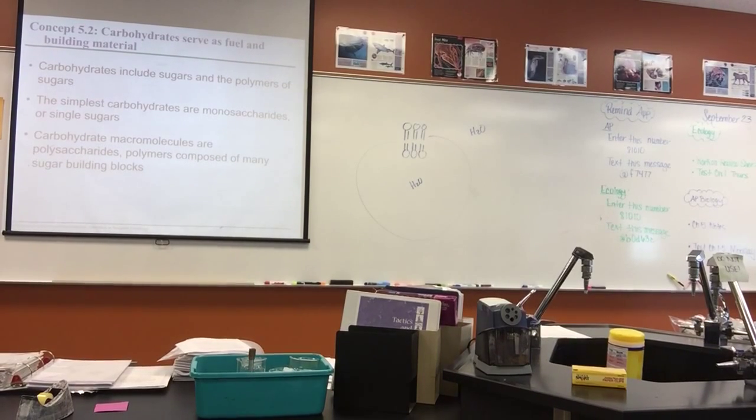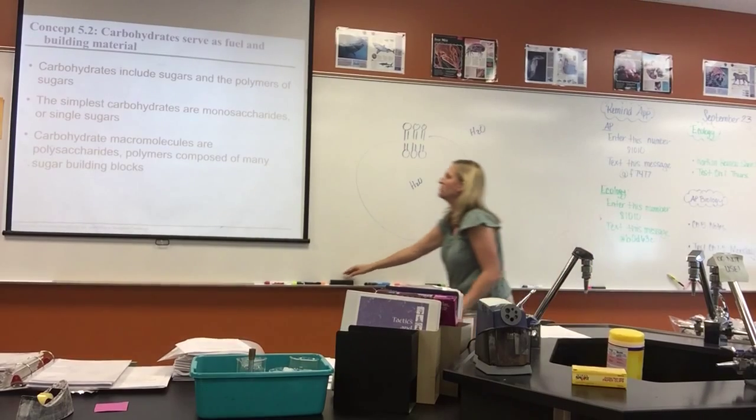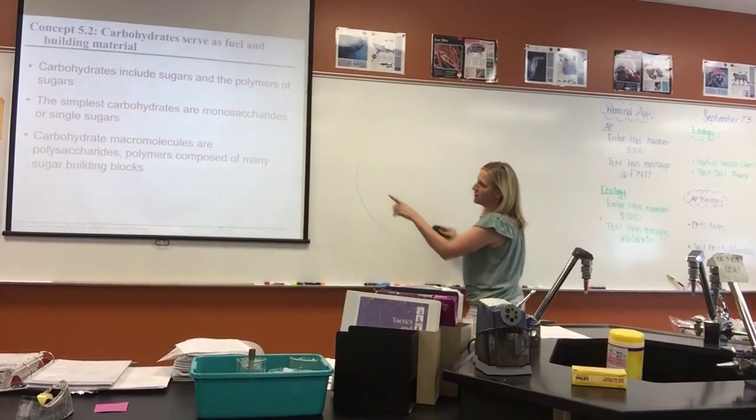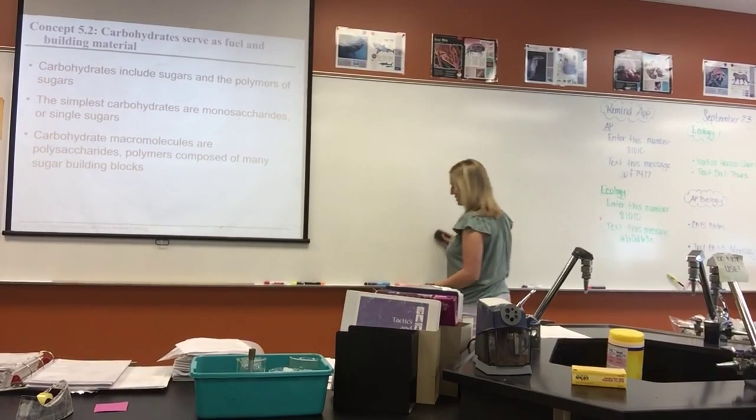Remember, polymer means a long chain. The simplest carbohydrates are monosaccharides or single sugars. And carbohydrate macromolecules, big carbohydrates, are called polysaccharides, and they're long chains of single sugar molecules.